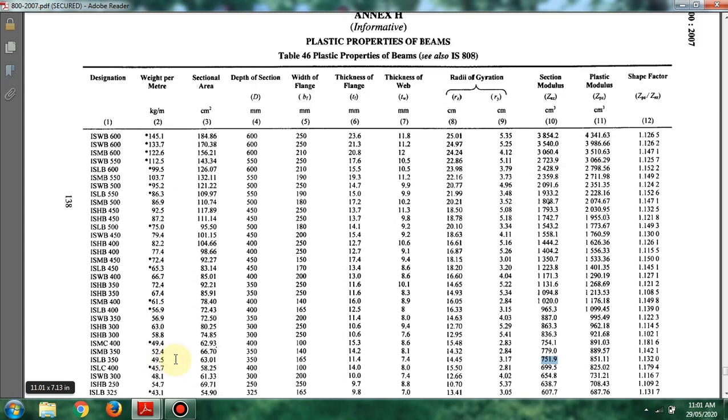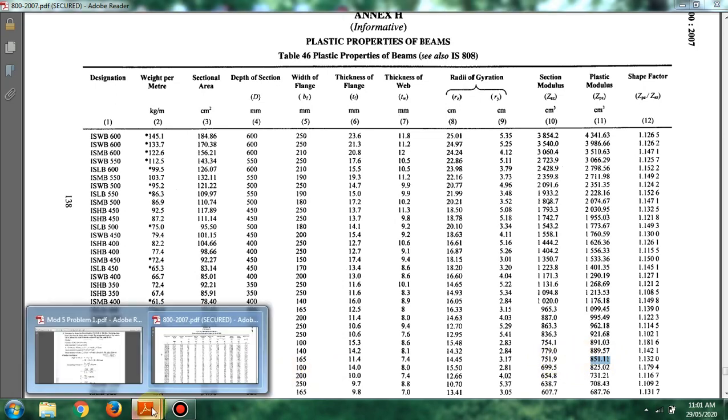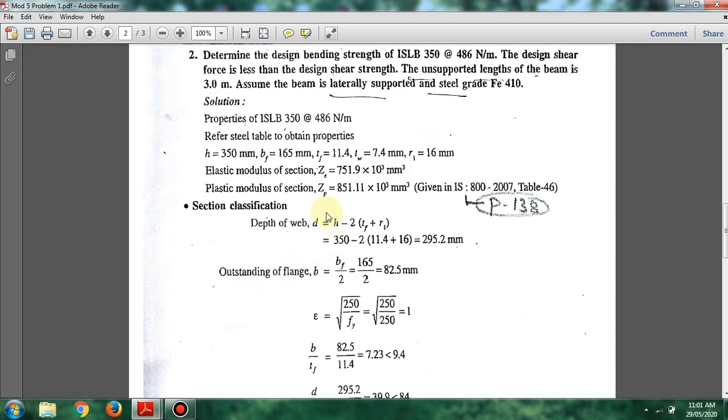There are different properties here, width of flange, thickness of web, whereas radius of root is not mentioned. So it is better to write the properties from the steel table, and only for the ZE and ZP values we have to refer to IS 800 2007.